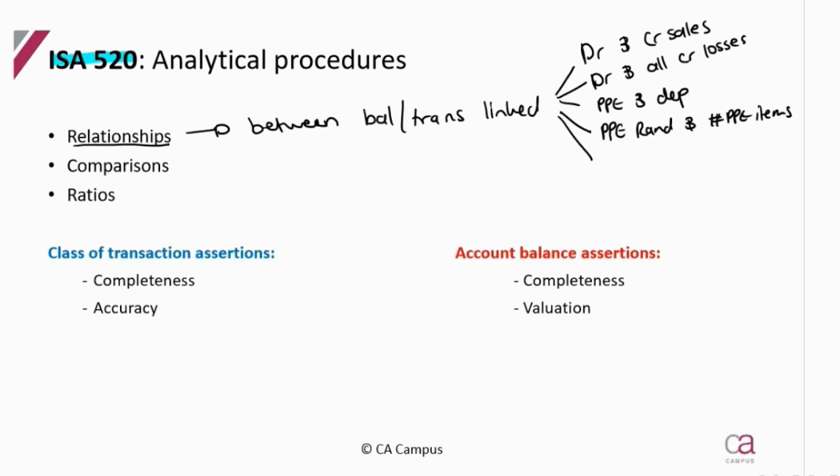Same with payroll: the payroll cost and the number of employees. So I can have a relationship that's got financial information and non-financial information, or relationships between two financial items or two non-financial items.